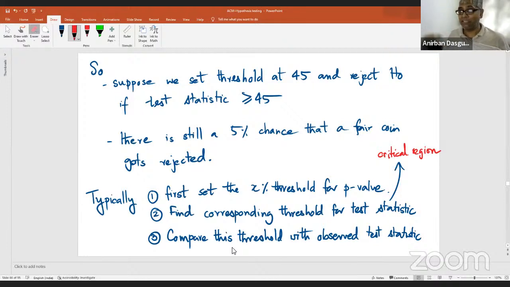This will be critical when we're doing multiple hypothesis testing, because if you're testing multiple hypotheses together, 5% of the null hypotheses will be falsely rejected even though they're true.